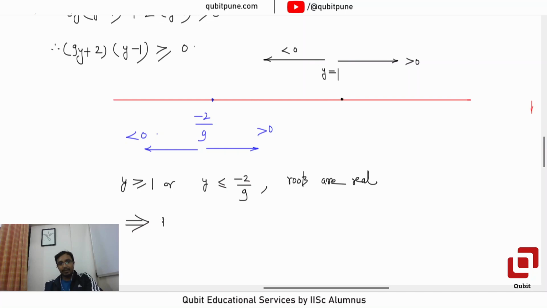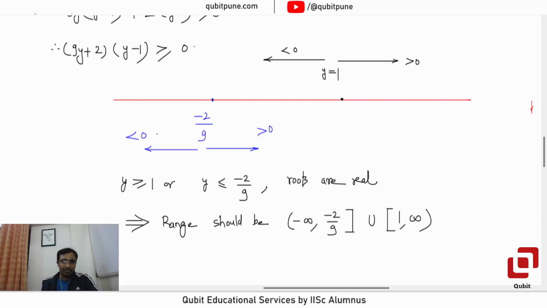That implies that the range should be negative infinity to negative 2 by 9 union 1 to infinity. Now we are still not sure about whether these intervals are closed or open.